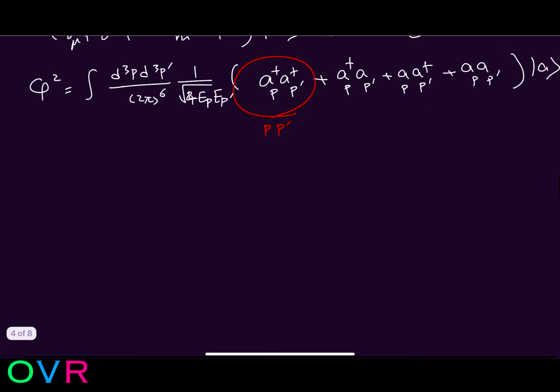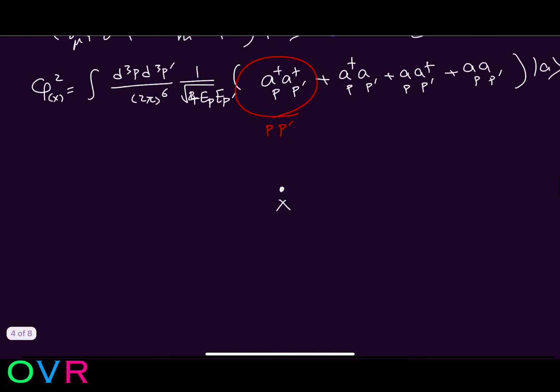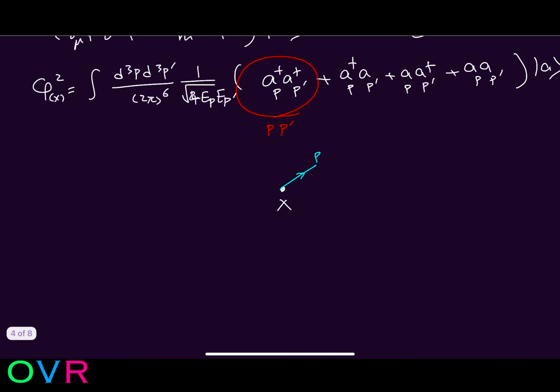Now this is the first time we're going to show some Feynman diagram. The meaning is that at point x, imagine I'm talking about phi squared at point x, that creates 2 particles with momentum p and p prime. So this is p, and this is p prime. At one point it creates p and p prime.